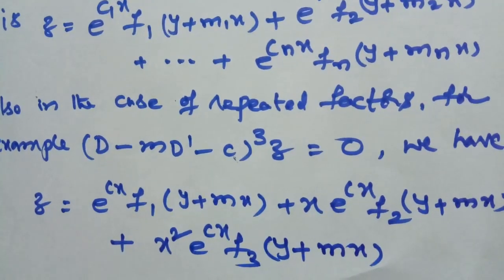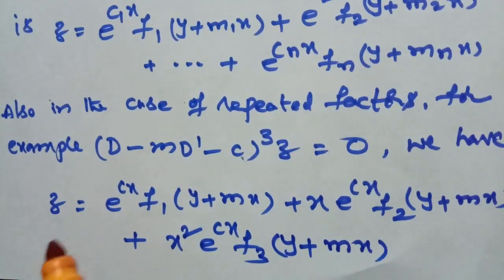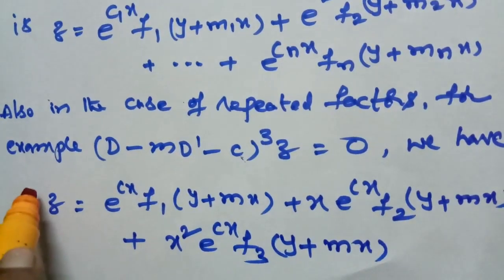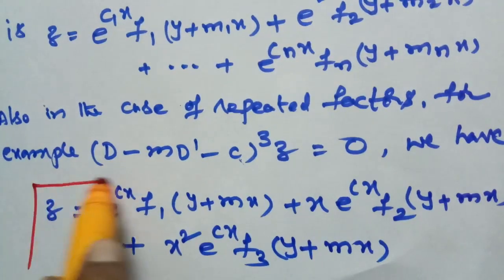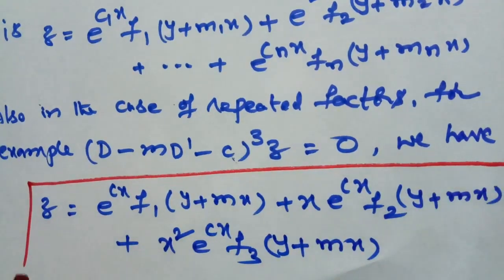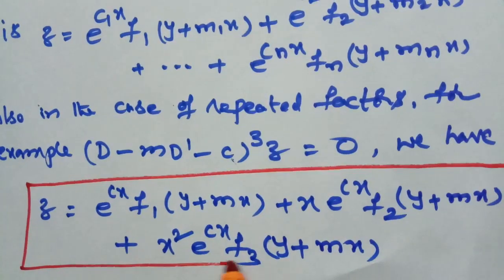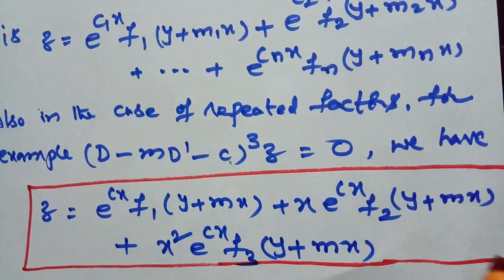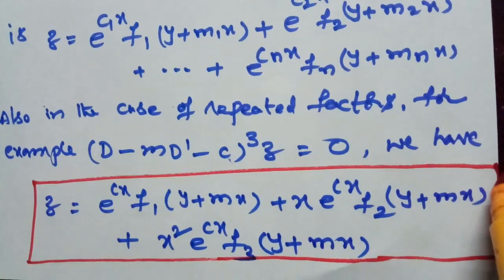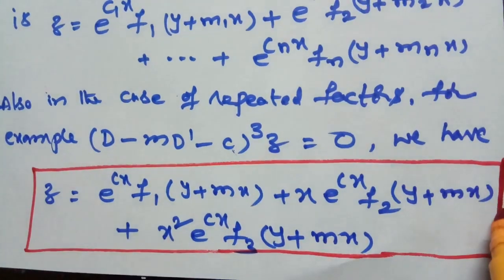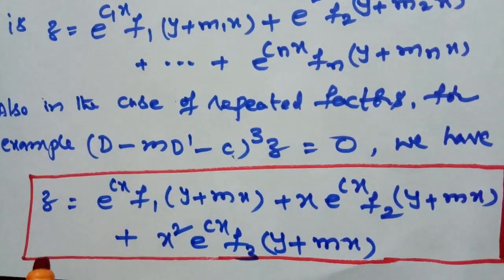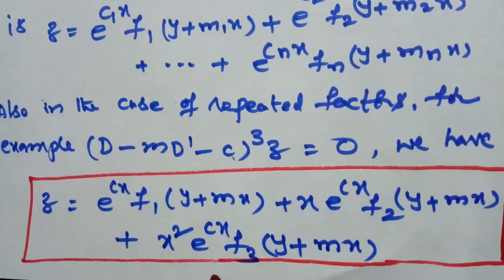This is the rule to find the complementary function in the case of repeated factors in the left hand side of equation 1, that is a non-homogeneous linear partial differential equation of a higher order.